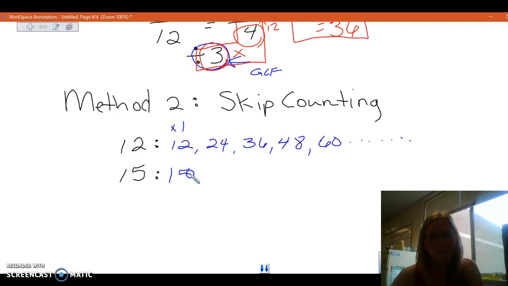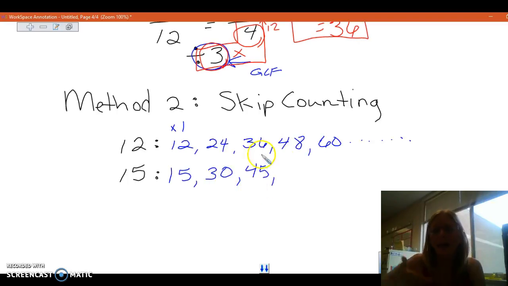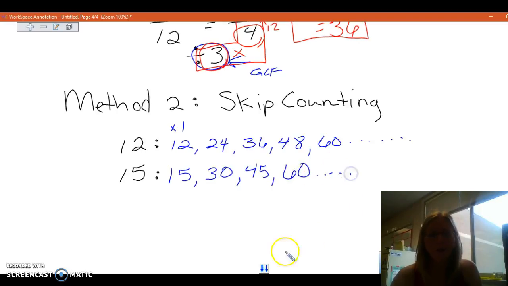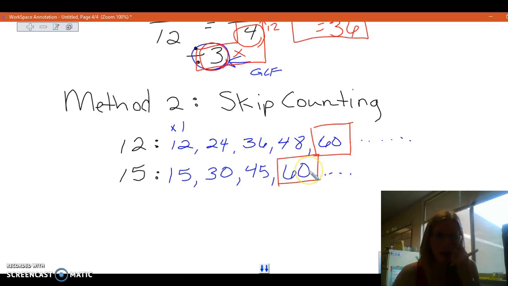Well, 15 times 1 is going to be 15. 15 times 2 is 30. 15 times 3 is 45. And I add 15 each time, essentially. And I could keep going if I do not see a number in common. However, I lucked out, and I see a number in common right away.